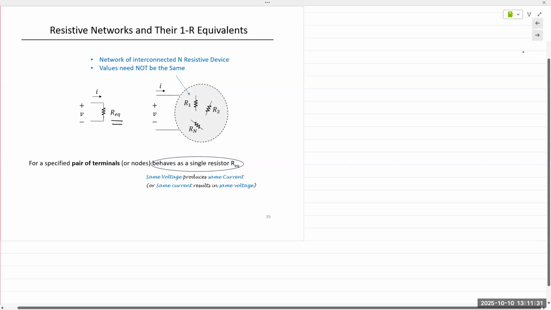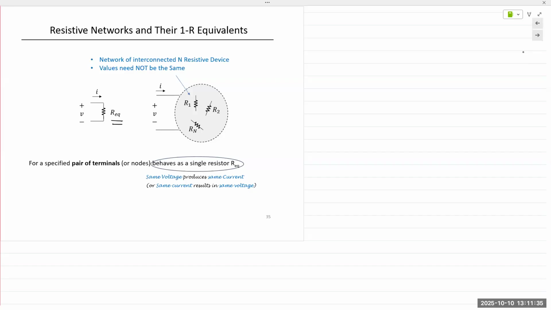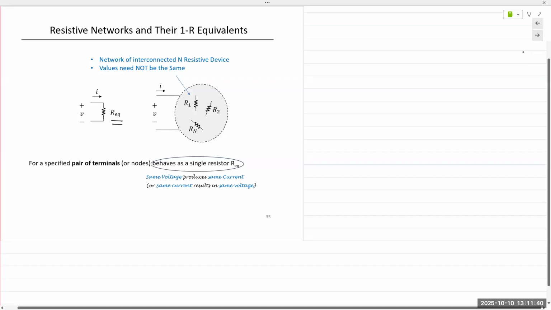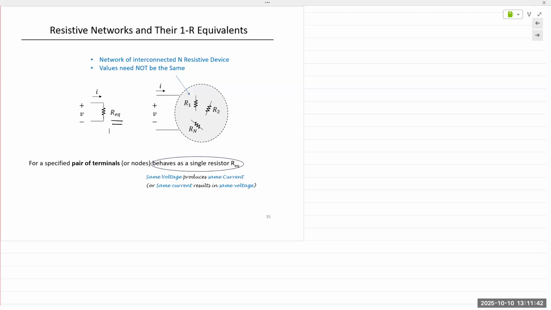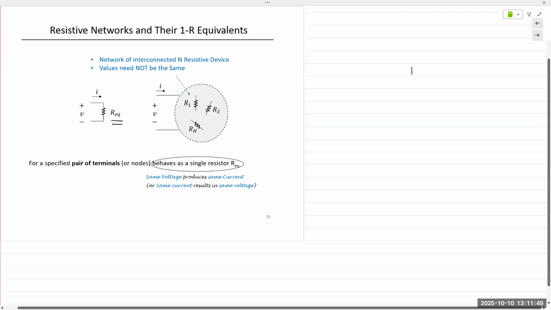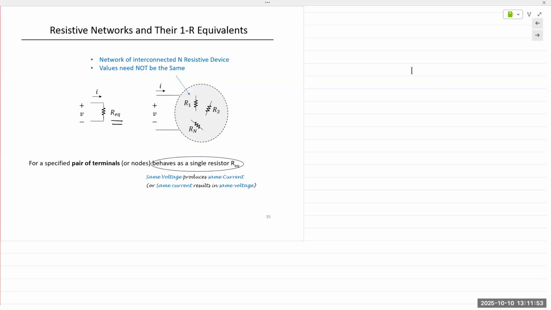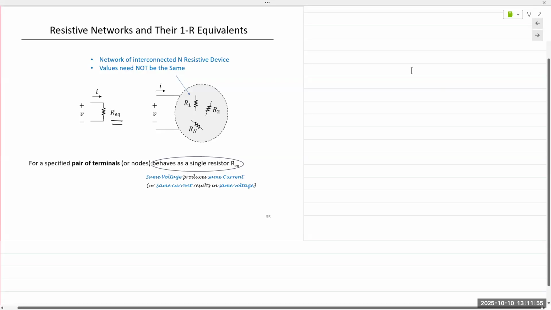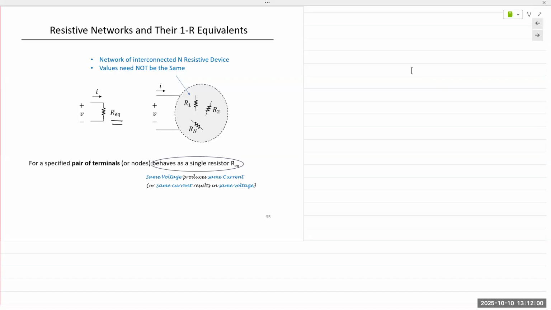In a series circuit, you've already studied this in the past, REQ is simply the sum of those resistors. And for parallel networks it is the reciprocal of the sum of the reciprocals. So again, the main point is that if you have a network or a circuit that comprises multiple resistors connected in every configuration, series, parallel, T, Y, or neither series nor parallel, it appears as if it's one single resistor between any pair of terminals.